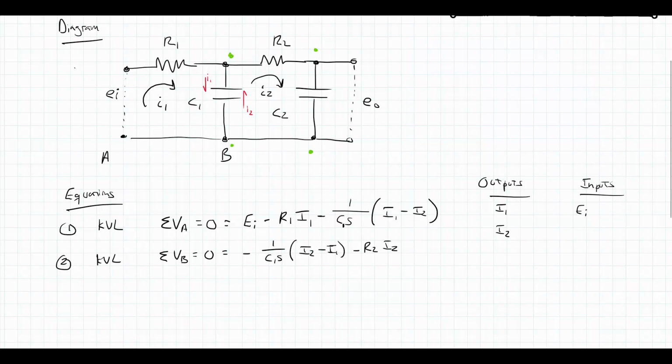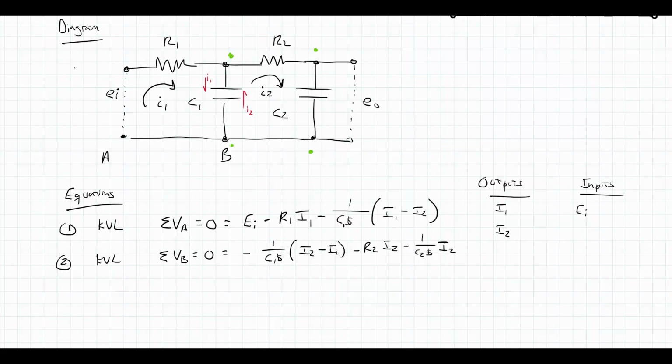Again, I'll have a voltage drop as that happens, so I'll have a 1 over C2 times S. And here, there's only one current going across C2. That E out is just measuring the voltage across the capacitor. That's not another loop in the system. So the only current here is I2.